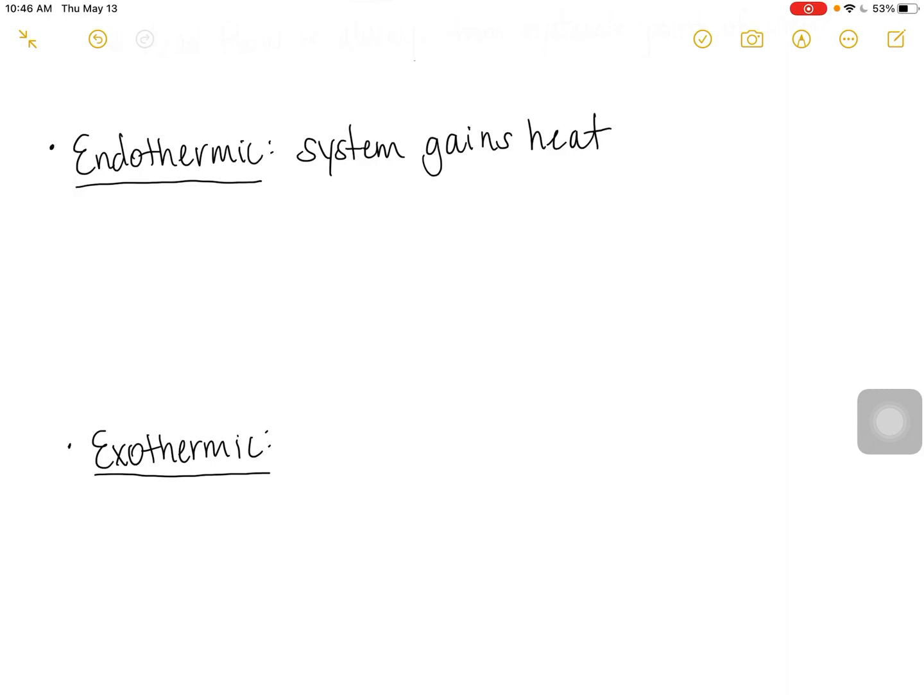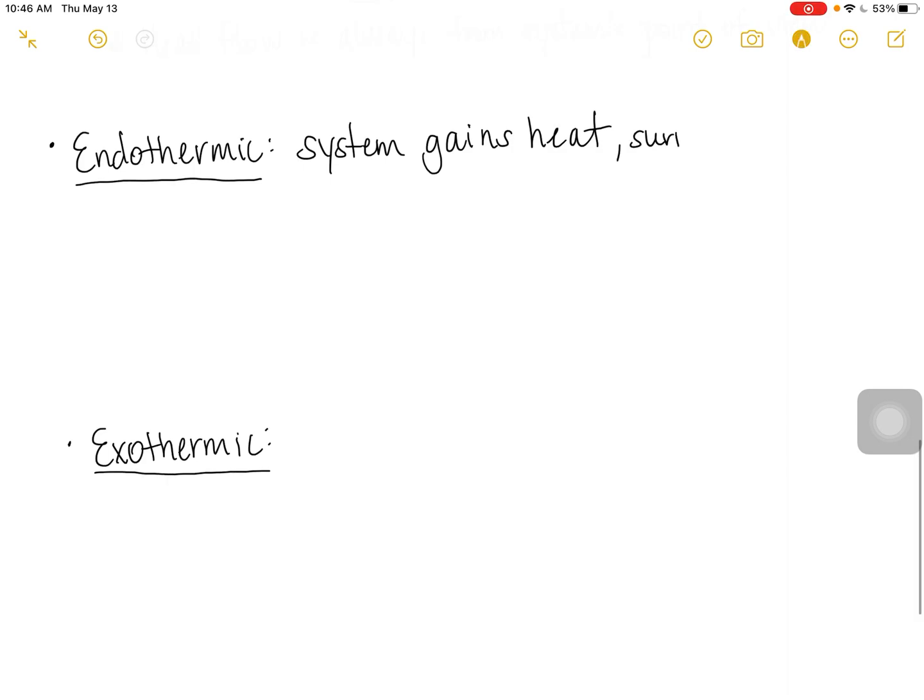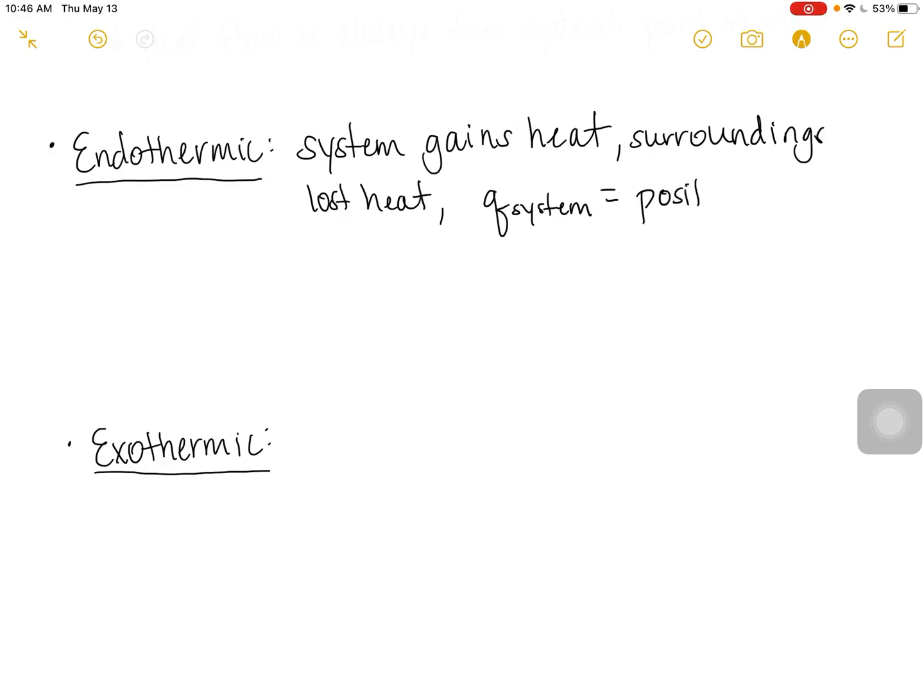This is what we mean by from the system's perspective. We're classifying it as endo because the system is gaining the heat, which means that the surroundings have lost the heat. We can put a Q of the system here. It's gaining, okay, so it's going to be a positive value.